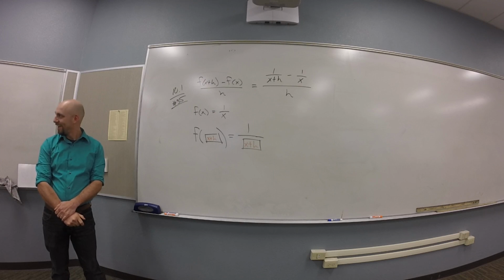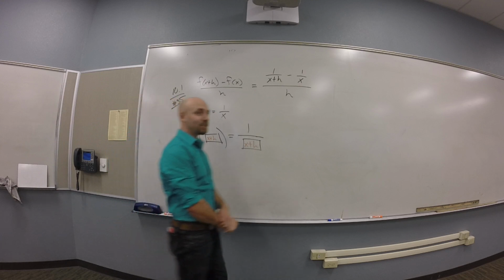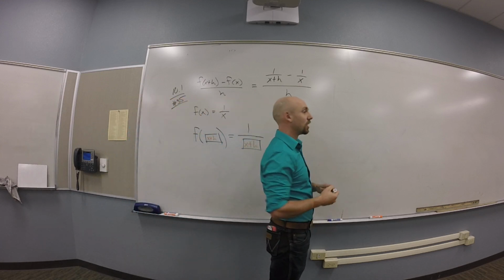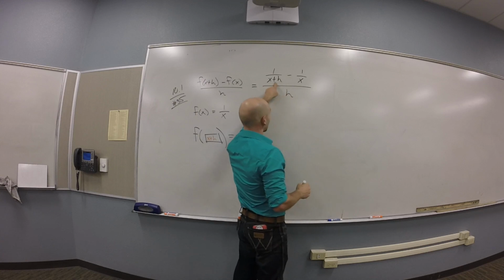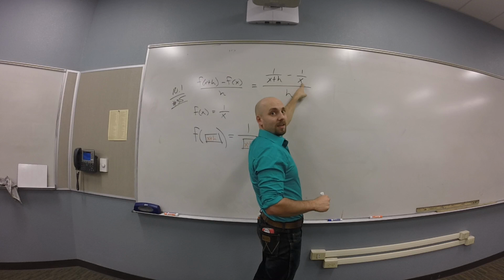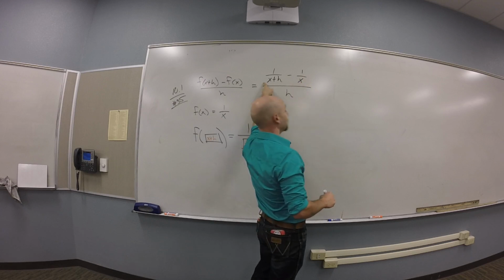Where you don't have one, you have the other. What's that procedure called? Cut the fractions up into matching pieces. In other words, get a common bottom, right? So this guy on the bottom has an x plus h. This guy on the bottom has an x. In other words, this guy needs an x, and that guy needs an x plus h, right?